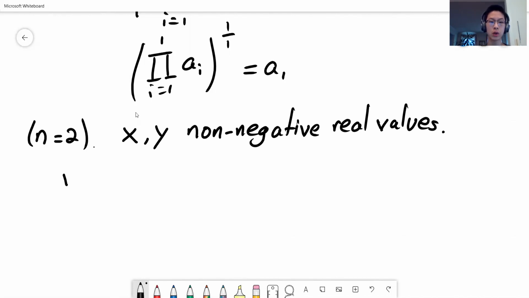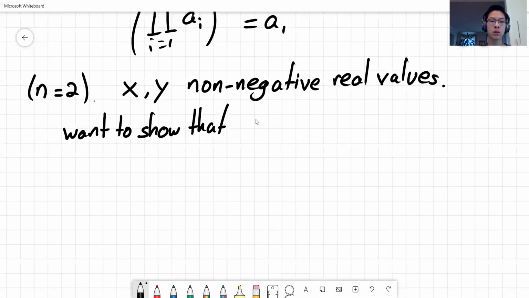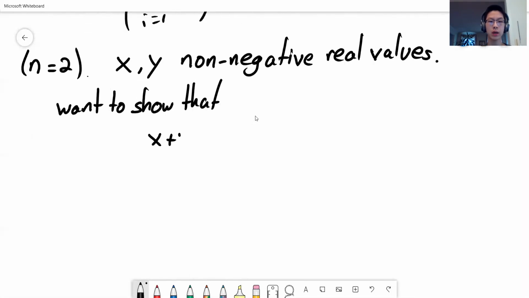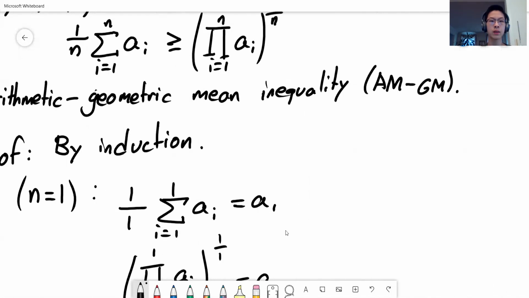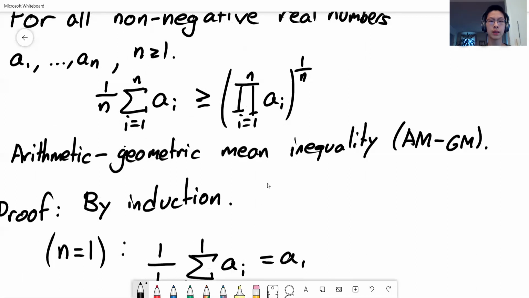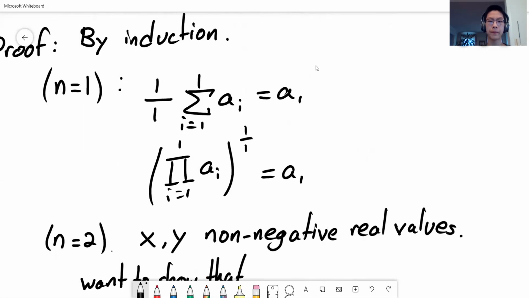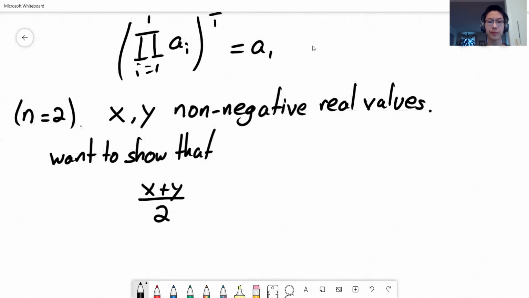So we want to show that x plus y over 2, which is the arithmetic mean in this scenario, is greater than or equal to the geometric mean, so just the square root of x times y.